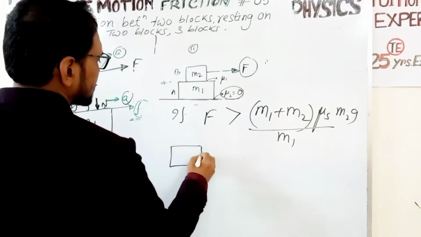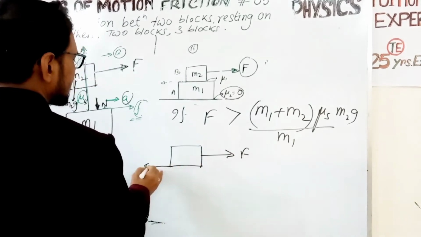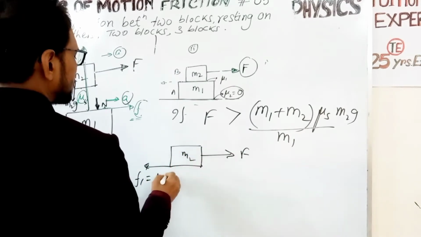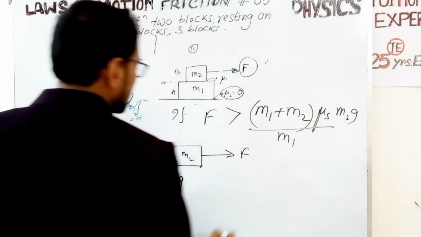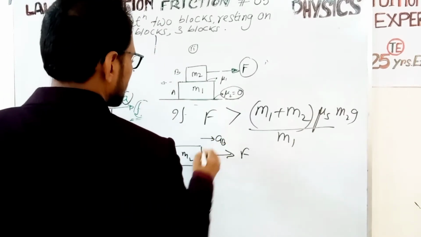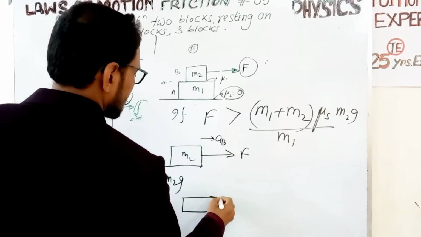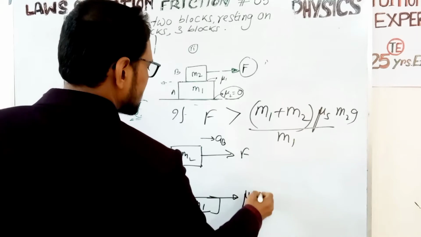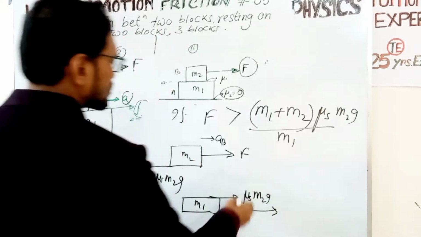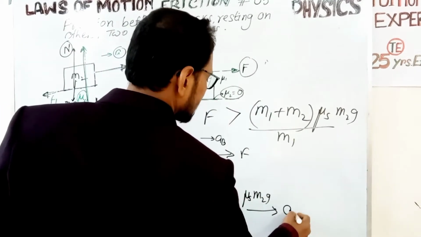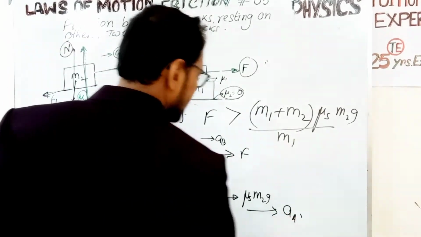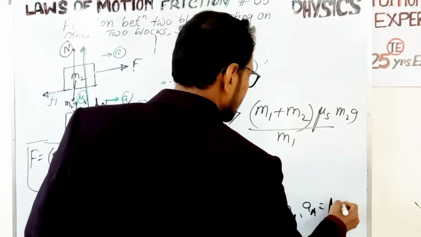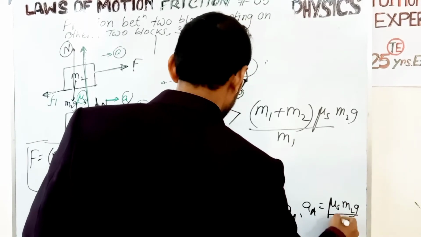Draw the free body diagram. Here force F acts in this direction. F1 is the maximum friction force, equal to mu s into m2 g. So this is the acceleration of block B, and the friction force on m1 in this direction, mu s m2 g, causes the acceleration of block A. What is the acceleration of block A? a equals force by mass, mu s into m2 g by m1.